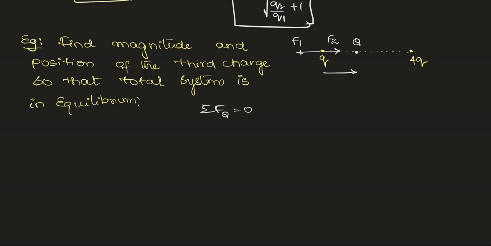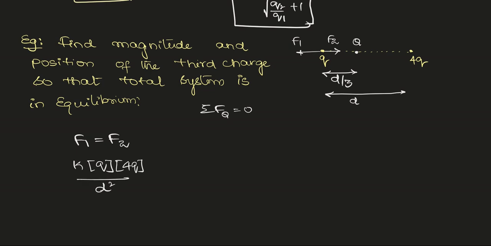Already we calculated this equilibrium distance as d by 3, and this distance we already assumed as d, so that if the total system is in equilibrium, then F1 must be equal to F2. F1 is K Q into 4Q by d square, equal to K Q into q by (d by 3) whole square.